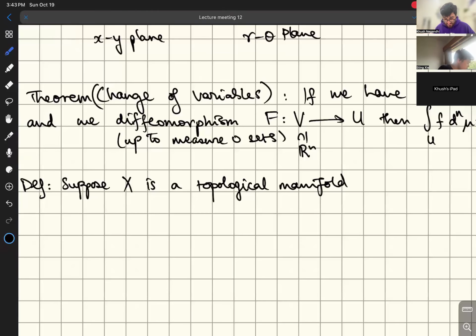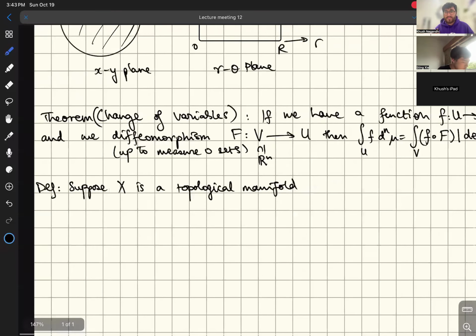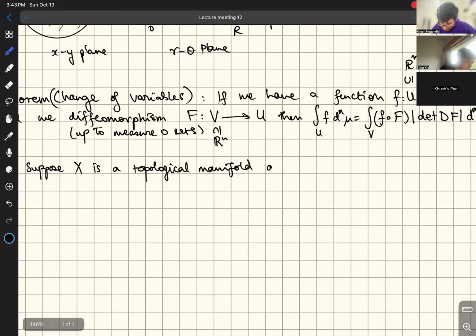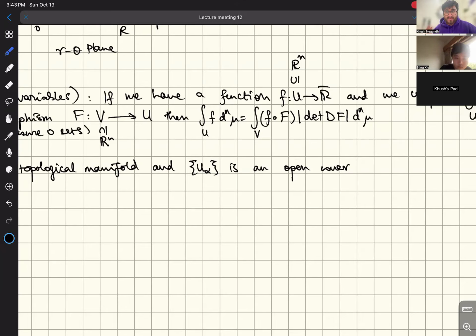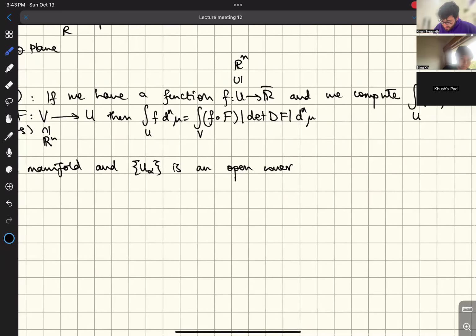So if you have a topological manifold X, and U alpha is an open cover, remember, an open cover is just a collection of open sets whose union contains your manifold.